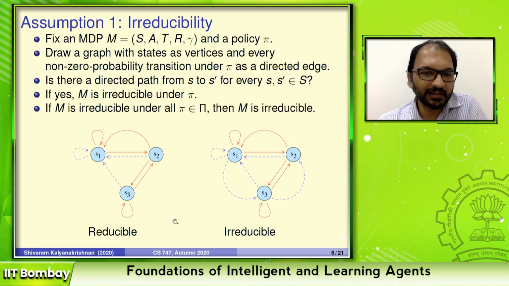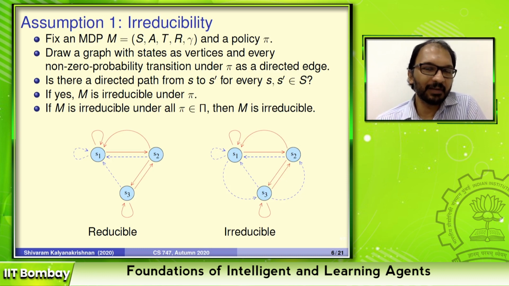Now observe in this left side MDP that if you take the action blue from S3, and let's say you also take blue from S1 and S2, so you're following the policy blue, blue, blue, what's going to happen? Within one or two steps you will be in S1 and you'll never get out of S1, because there's a deterministic self loop at S1.